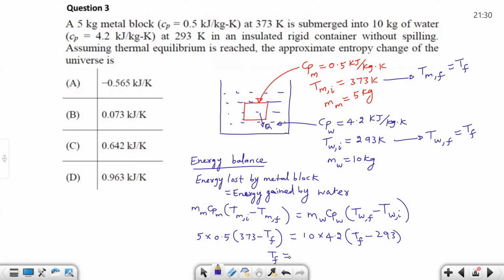So one step I write it here, 373 minus TF equal to 16.8 TF minus 4922.4.